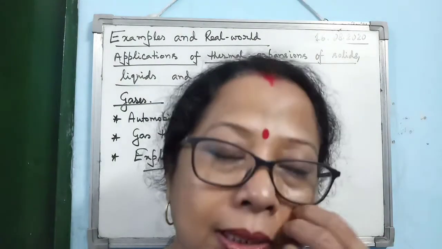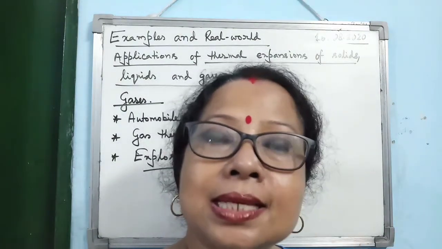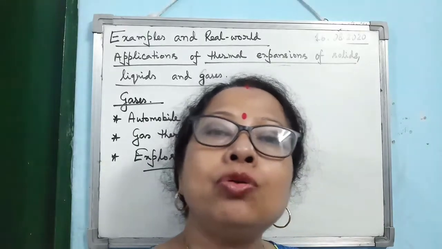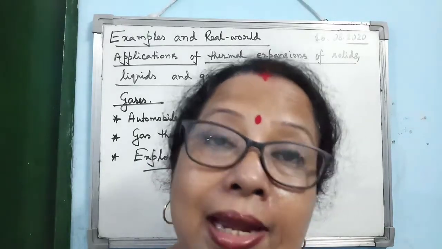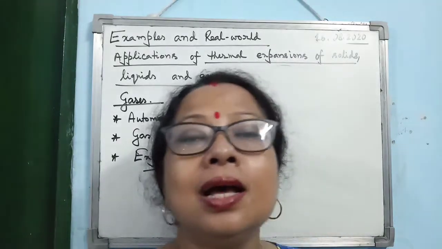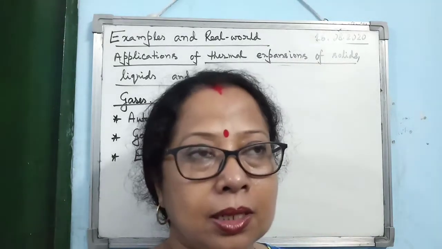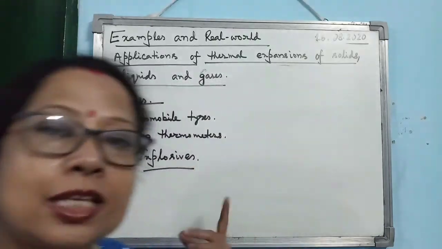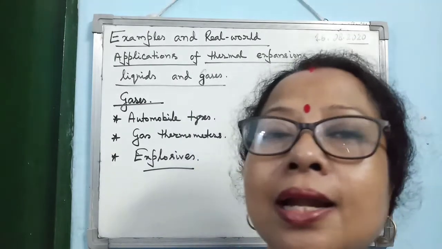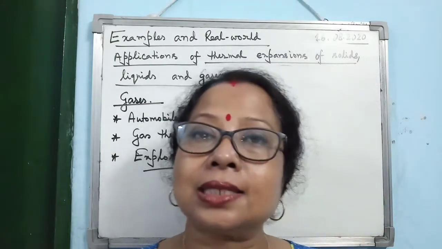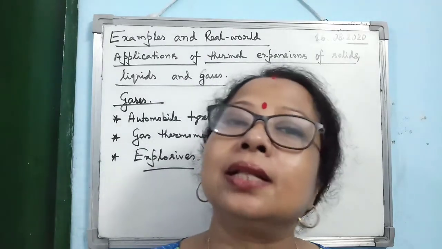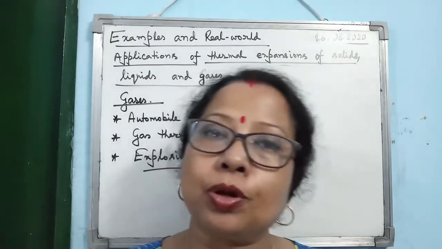Explosives are made on this fact that when a gas is heated strongly and suddenly, and the expansion is suddenly very large, it may cause an explosion. That is the basic working principle of explosives. In explosives, a large amount of gas is present, and when it is suddenly heated up, it expands so much that it causes a big explosion.